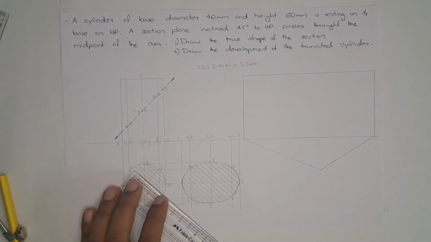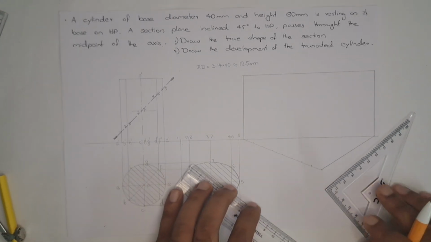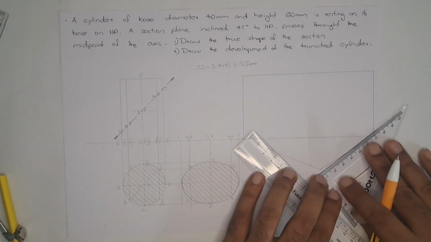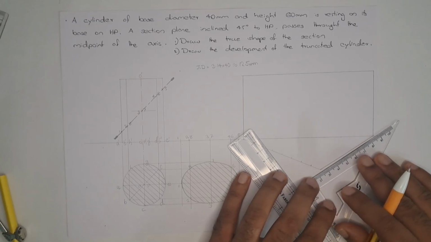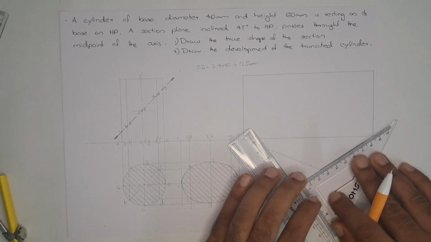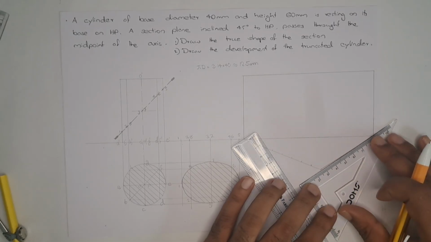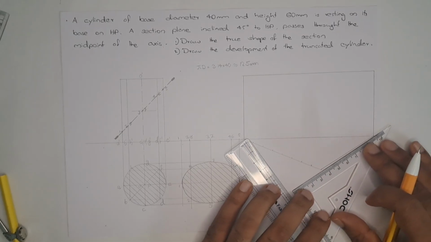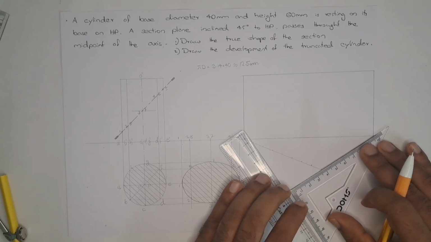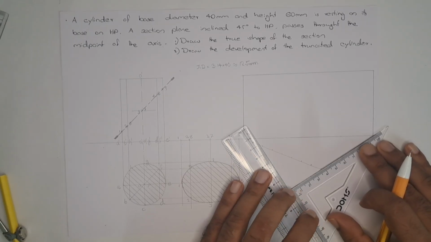Now with the help of a set square or roller scale, we draw parallel lines. So this portion will be parallel and this will act as a guide.